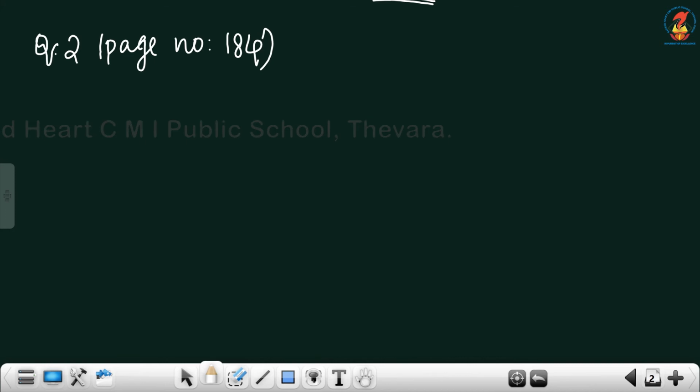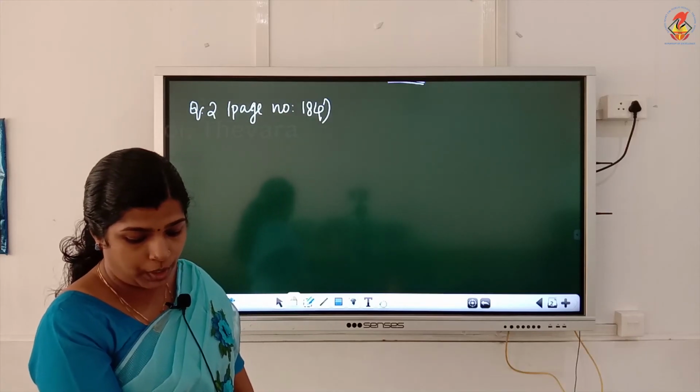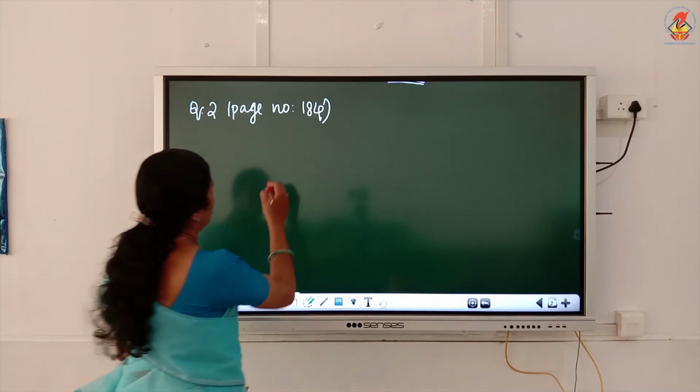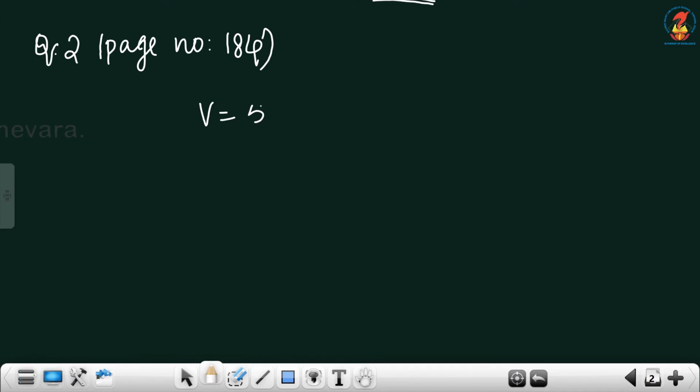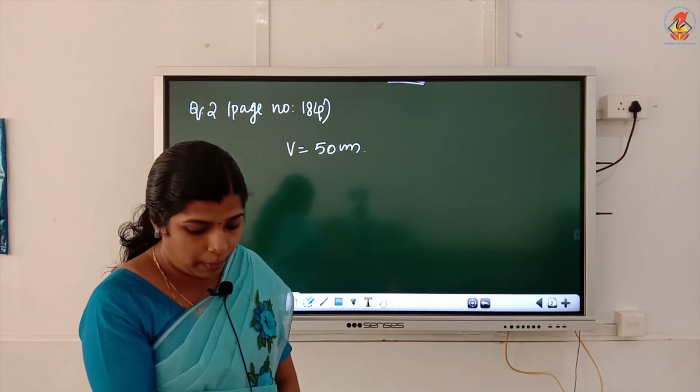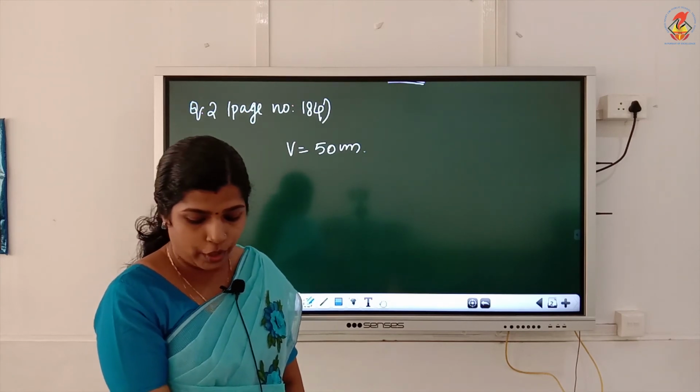The question is, a convex lens forms a real inverted image of a needle at a distance of 50 centimeter from it. So, image distance is given, 50 centimeter. Now, where is the needle placed in front of the lens if the image is equal to the size of the object.